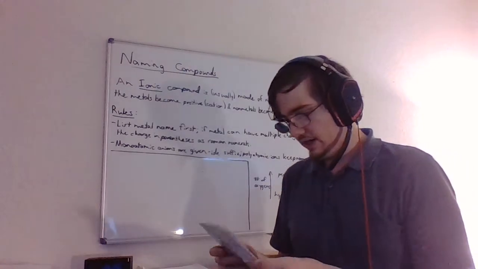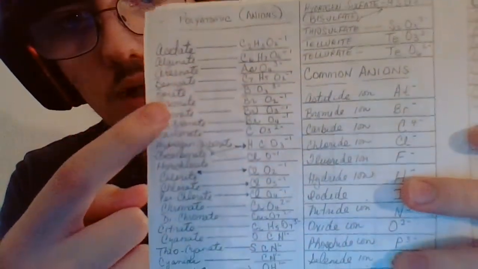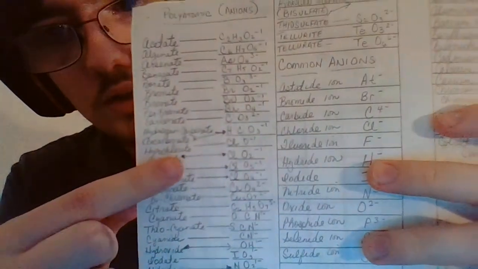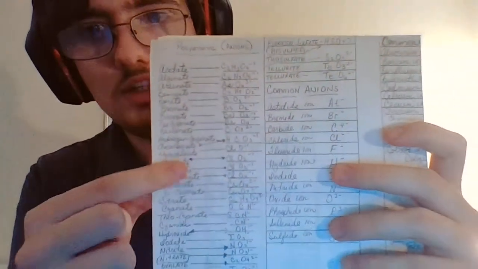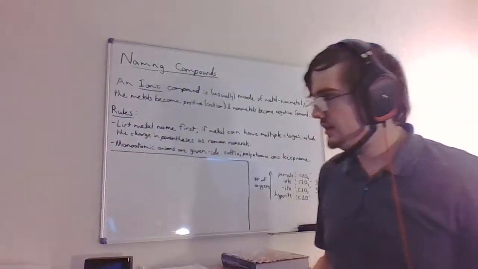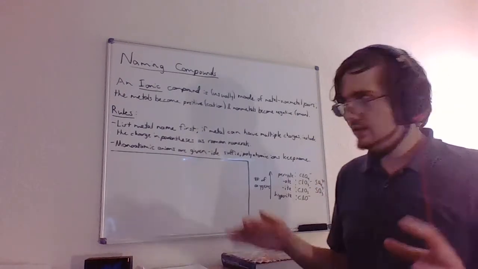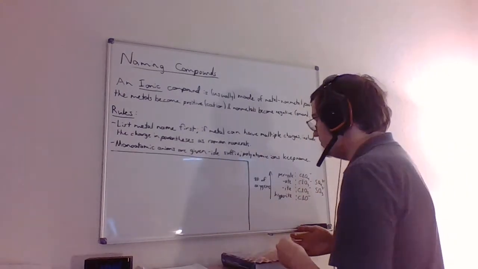A friend of mine actually let me borrow hers for the sake of this video. You see that it's just a list of a bunch of polyatomic ions and their chemical formulas. So you should have something like this for your own use. And I would definitely keep it handy when you're naming compounds, so that you can quickly refer to it, unless you have them all memorized already, which would be very impressive.